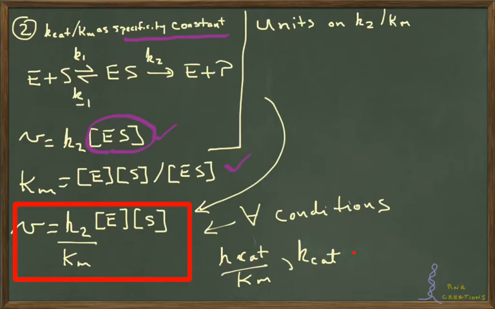And you know, one way to do it is to just take the equation, and we know that velocity is molar per second. And we know that these two are concentrations.